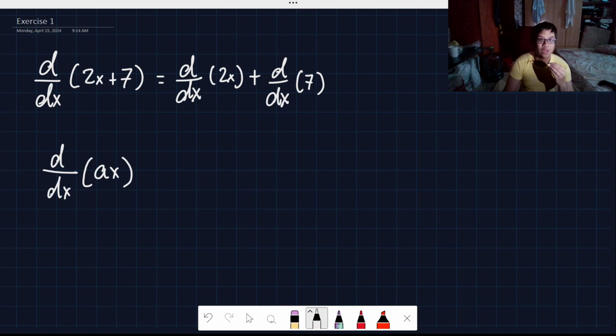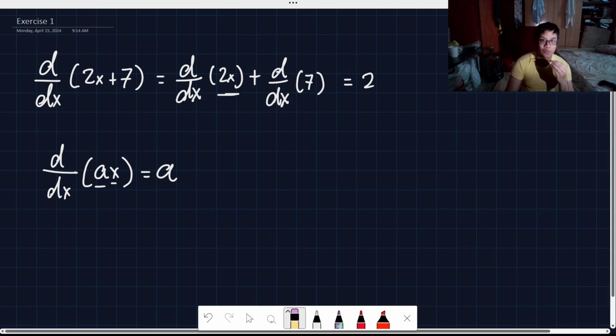So what will be the derivative of that? If we have a constant and a variable, the answer is basically the constant itself. So in this problem, the derivative of 2x is just simply 2. We apply this rule to the first term.